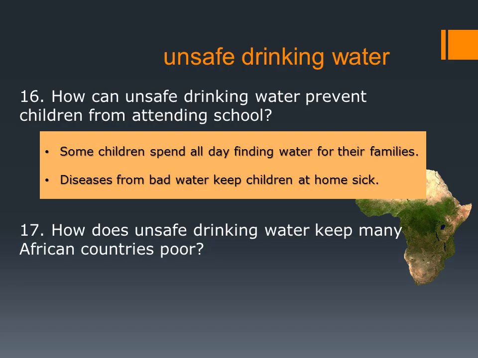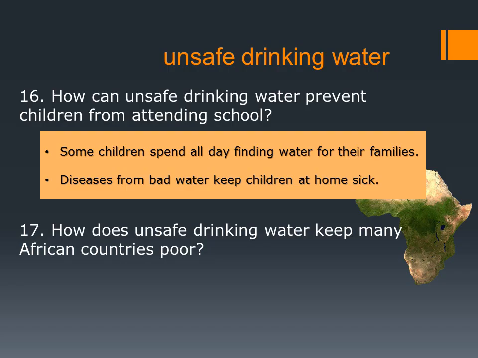And it is very often the job of one of the family's children to do this, to spend the time walking miles and miles to the safe water supply to bring water back to their family. Obviously, if they're spending all day doing that, they're not at school getting an education. Also, by the way, getting diseases from unclean water very often will keep children at home sick. And if you're at home sick, obviously you're not in school.